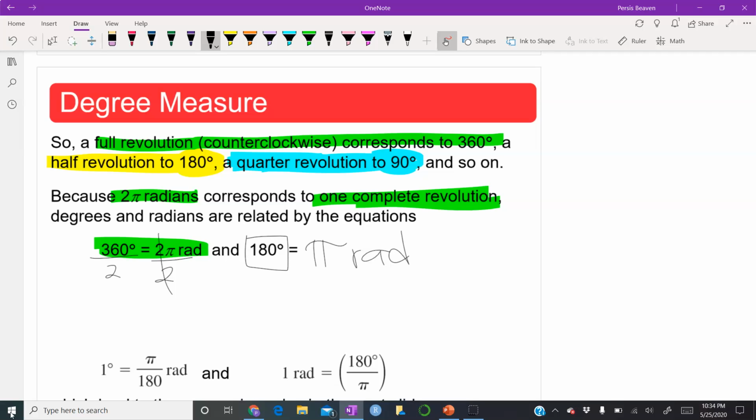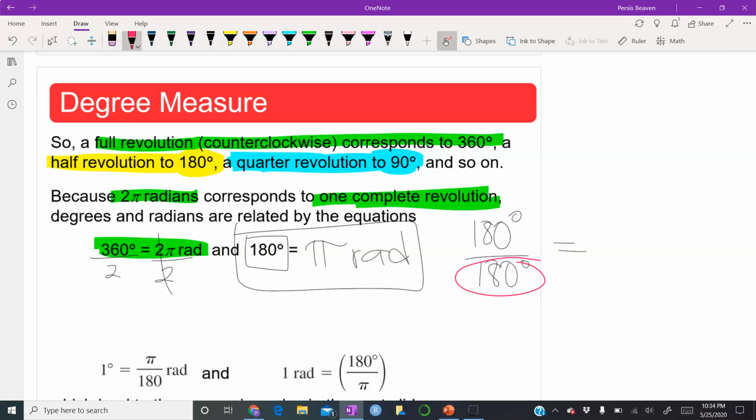So based on that, we are going to construct our unit conversion factor. So if we're saying that 180 degrees is equal to pi radians, and let's pretend you have 180 divided by 180. So now what I'm going to use, instead of 180, I'm going to write the equivalence in radians, and that will be pi radians.